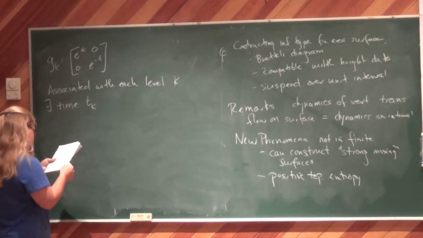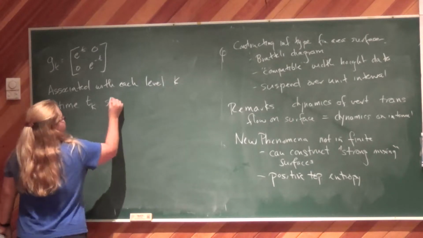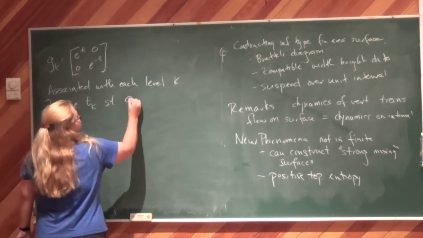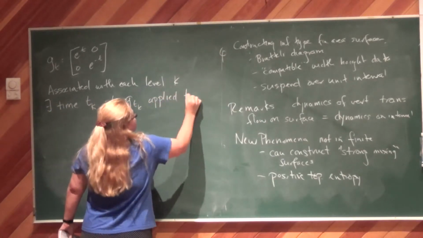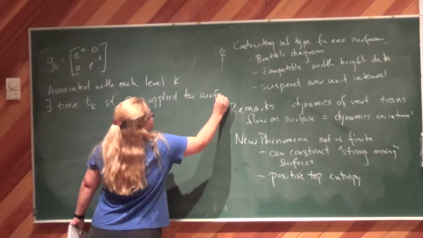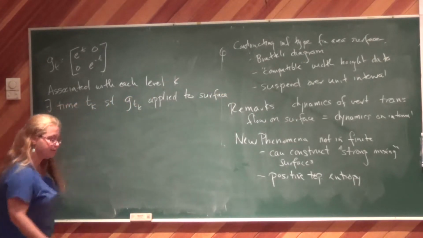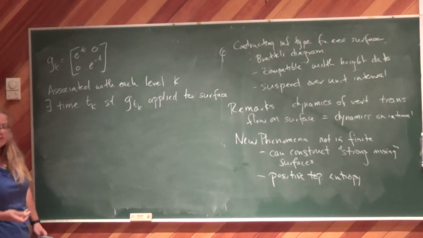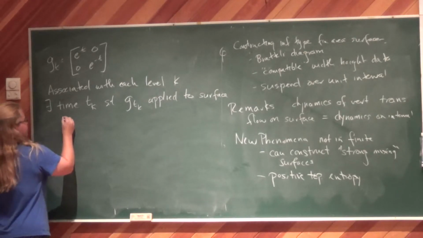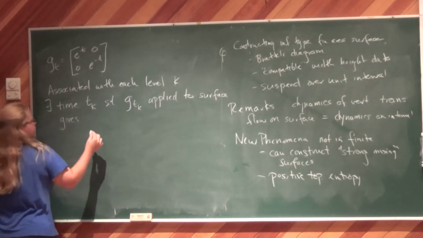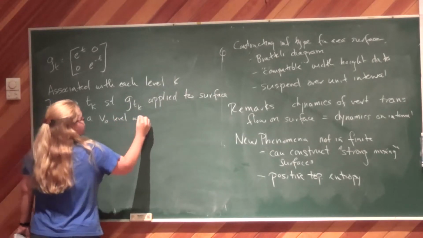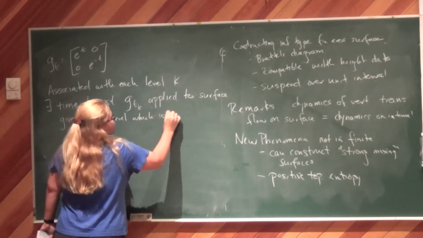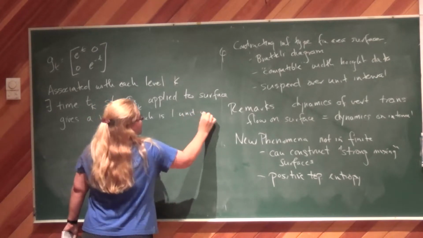So, a time tk such that g_tk applied to the surface, which we get by shifting down k steps, gives you a V0 level which is 1 unit wide.